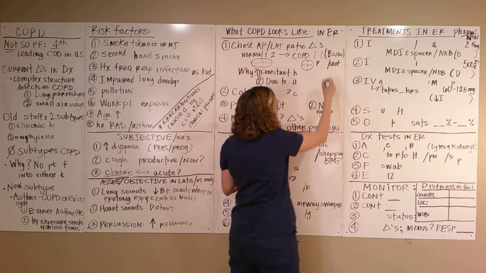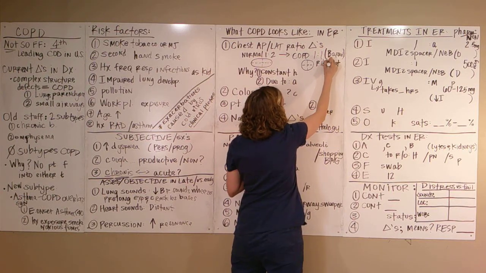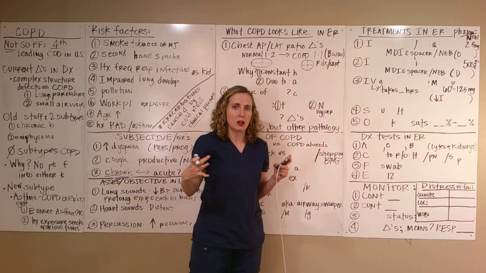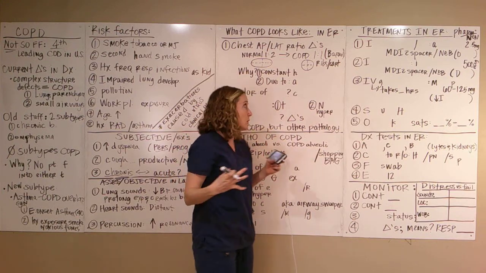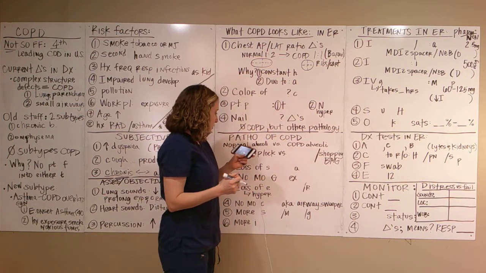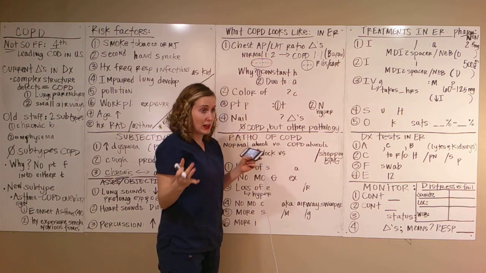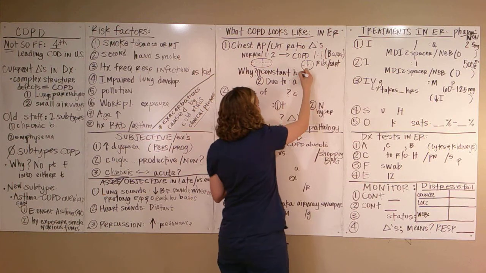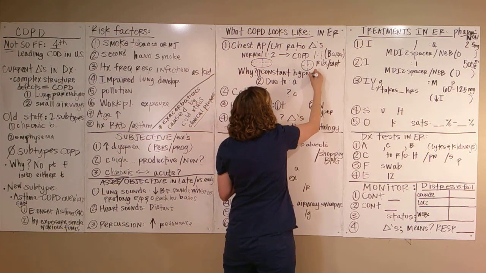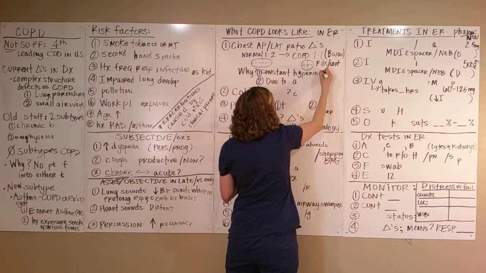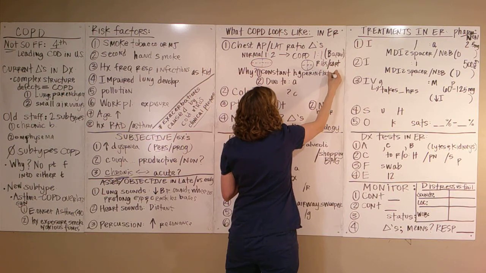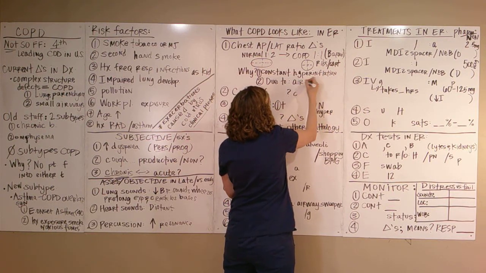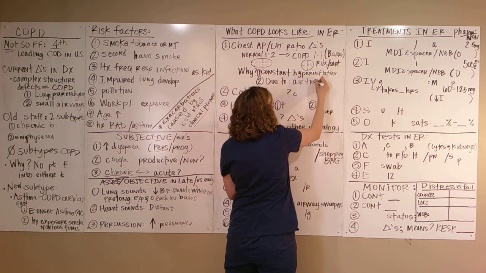What's actually being remodeled is the ribs, our ribs and cartilage, because of the increase in air volume. Now let's talk about why this happens. Well, you have a constant hyperinflation, remember? They can't get rid of their air. And why is that? Because of air trapping.